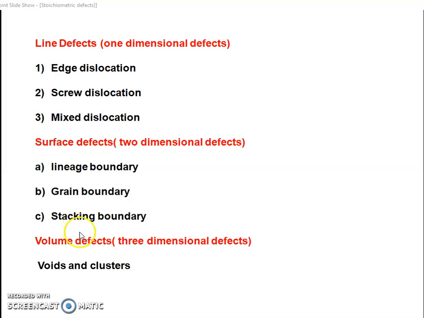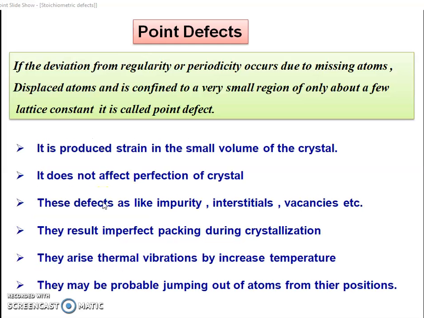The first is point defects, next line defects, third surface defects, and fourth volume defects. Out of these four, in this chapter we study only point defects and line defects, mainly observed in crystals, and here we discuss only point defects.